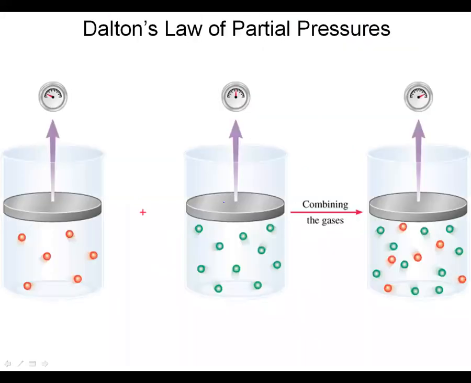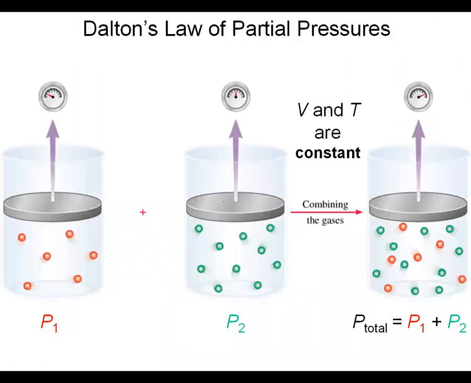Okay, so the next thing we're going to talk about is actually the idea of Dalton's law of partial pressures. So oftentimes when we deal with gases, they will come as a mixture of gases. And when we have a mixture of gases, they do affect the pressure that we see in the mixture.